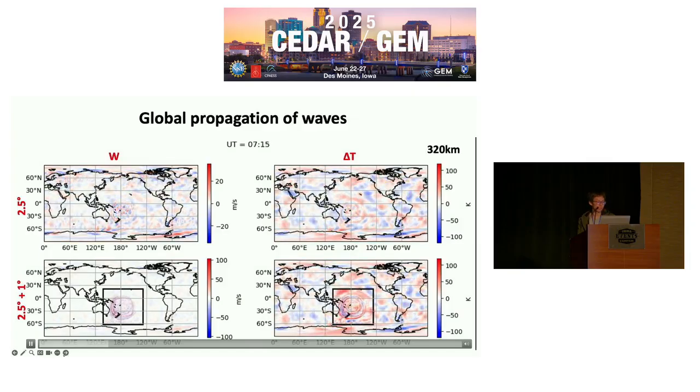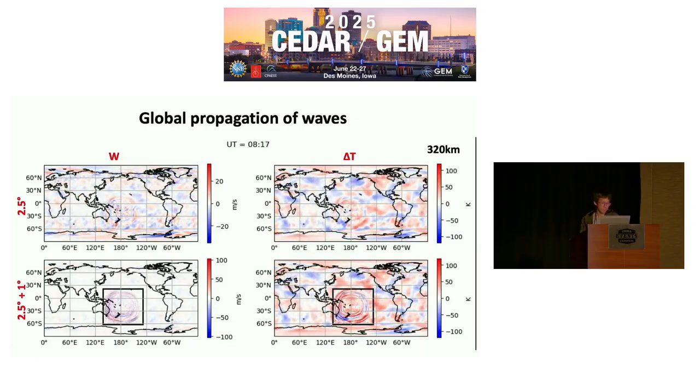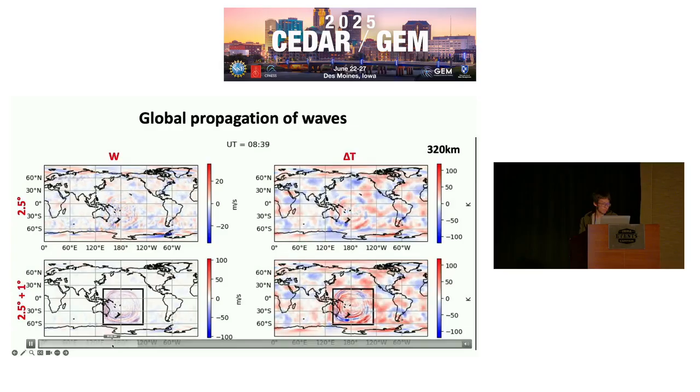I'll just let the movie play a little bit until these waves propagate out of this black box. So here, I'll stop. If you see here in the bottom left, the waves have propagated out of this black box.